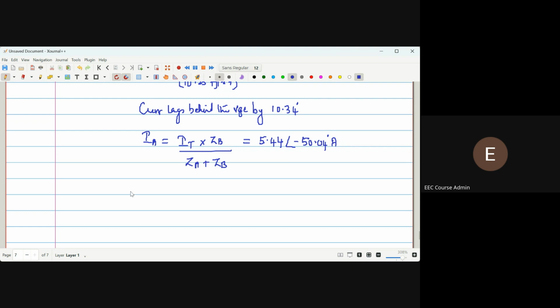But I may not be solving it here because we have already done a sufficient number of things. If you have doubts, I will clarify. So the current in this one will be Z_A by Z_A plus Z_B, by the current division rule.